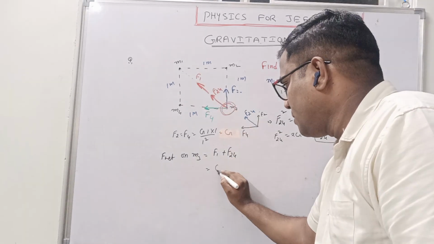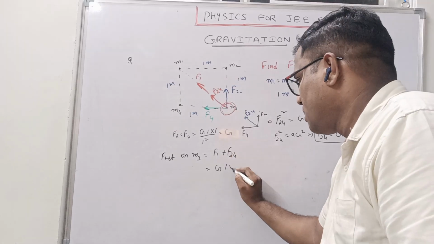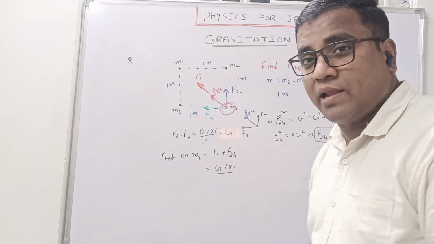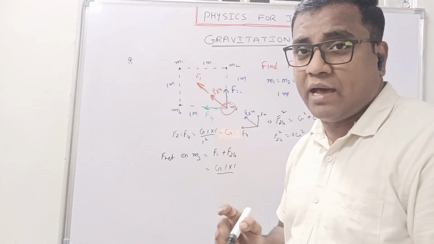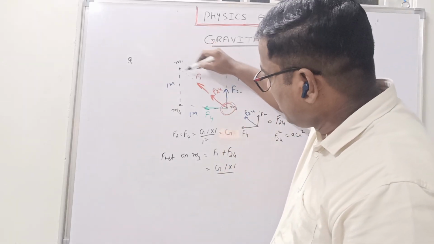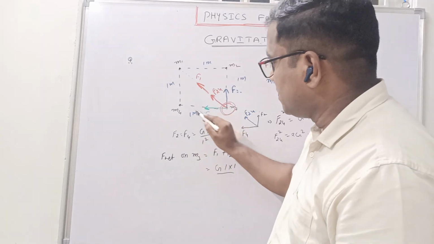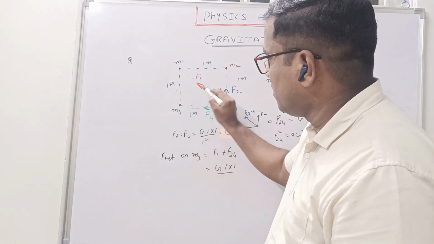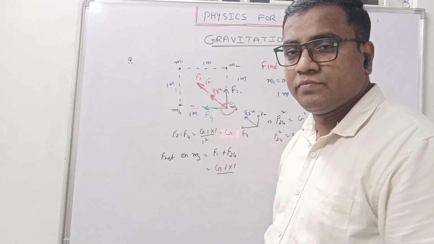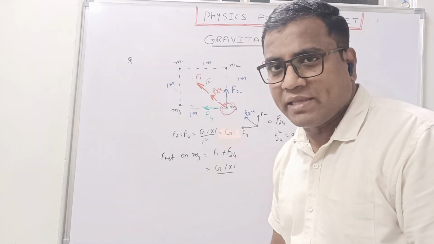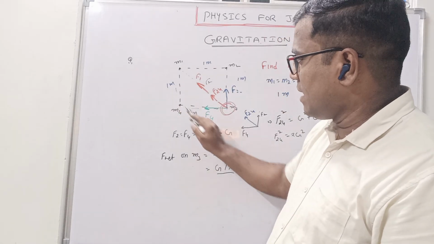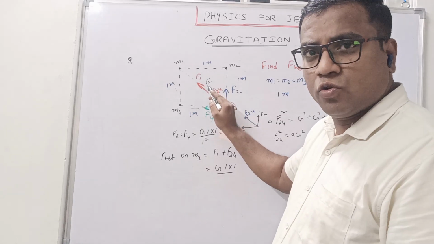G, M1 is 1, M2 is 1, by R square. Now you have to say what is R? R is the distance between this one and this one. It is a diagonal, right? It is not 1. This one is 1 and this one is 1, so this will be root 2. We know basic maths, right?